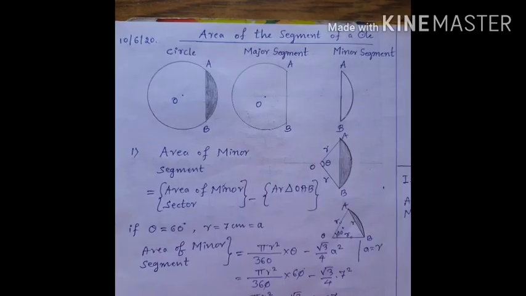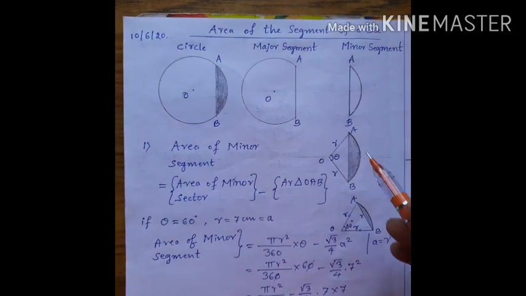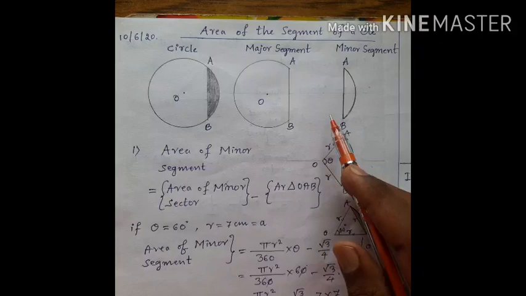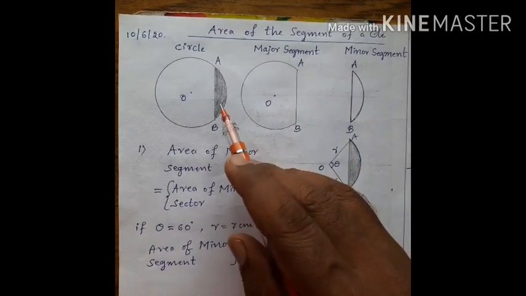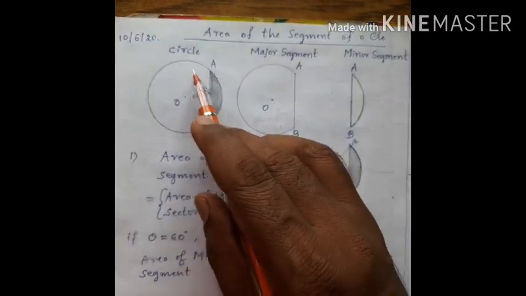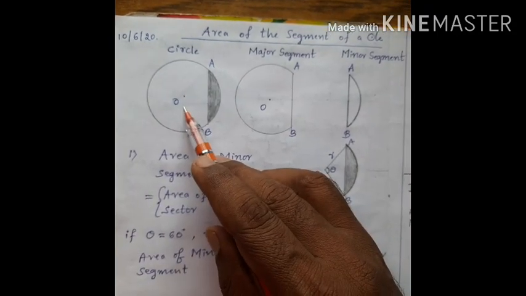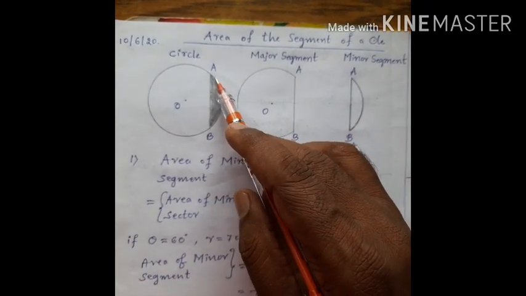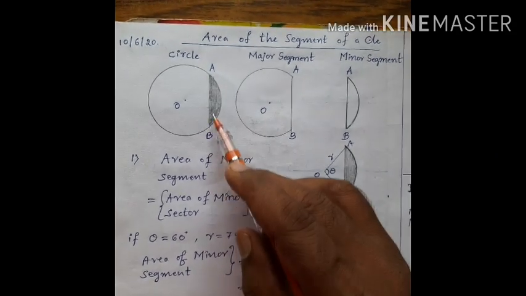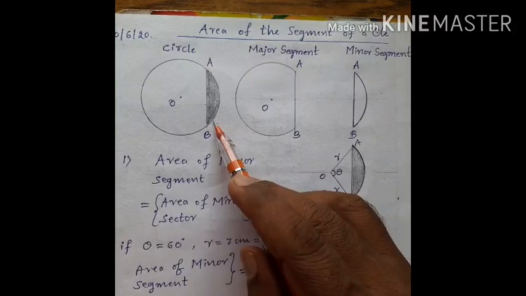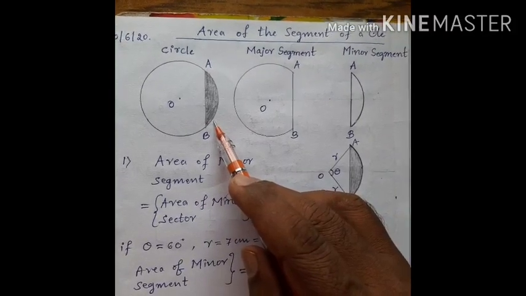We have already learned about the segment of the circle. Look at the figure here. This is a circle with center O, and here I have drawn a chord AB. This chord AB divides the circle into two parts.